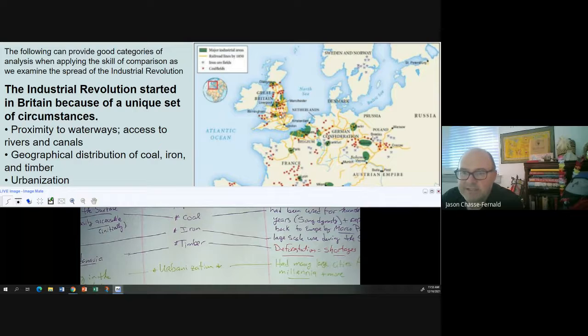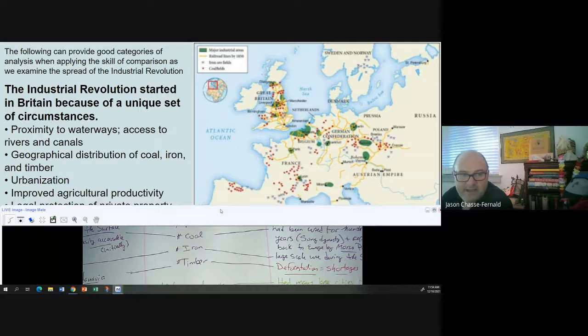The mining is where the mining takes place, and the iron processing or textile production is where you see that urbanization, always on rivers or on the coast. So nothing unique there for England with that one.